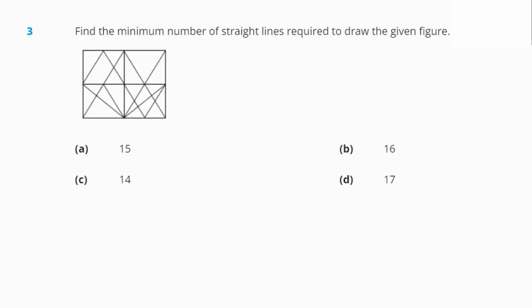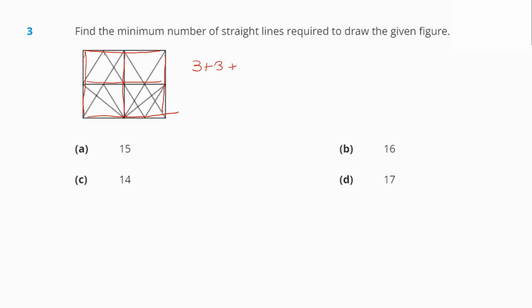Find the minimum number of straight lines required to draw the given figure. So we can see that there are some vertical, some horizontal, and some diagonal lines. We'll first count the horizontal. There are 3 lines, plus vertical 3 lines.